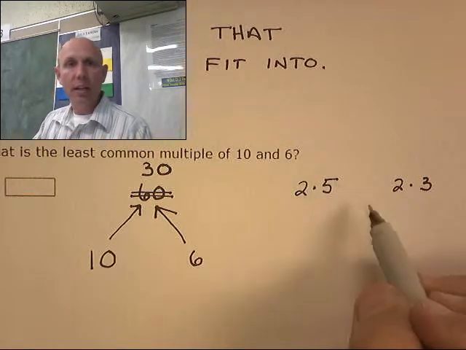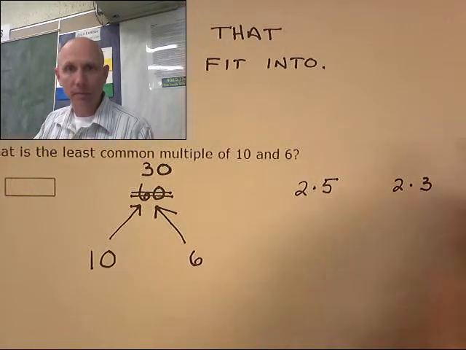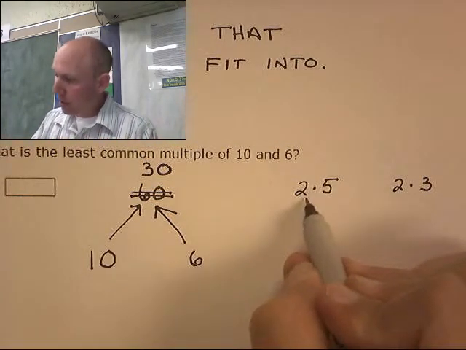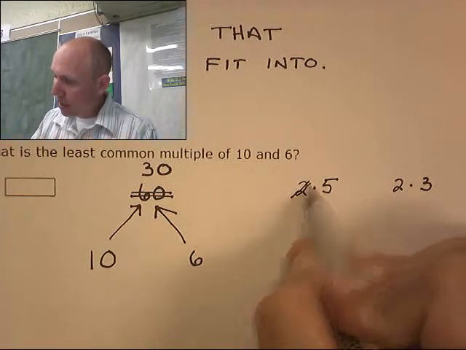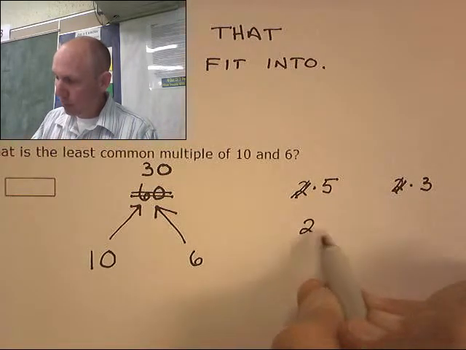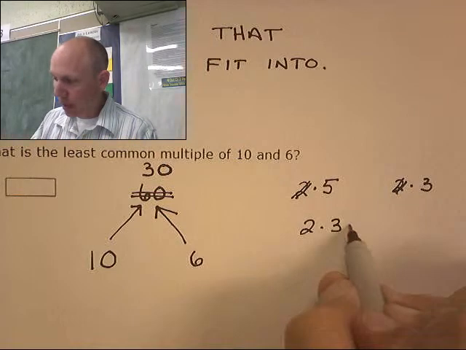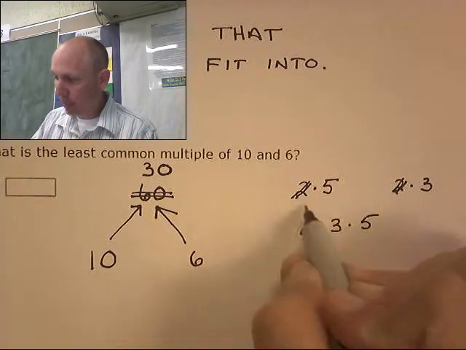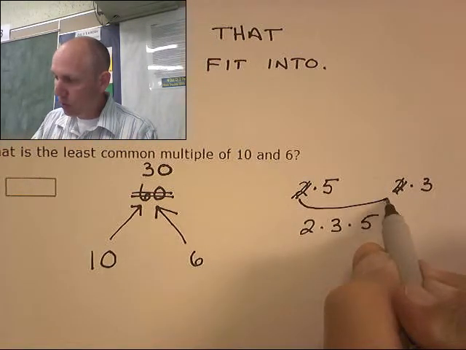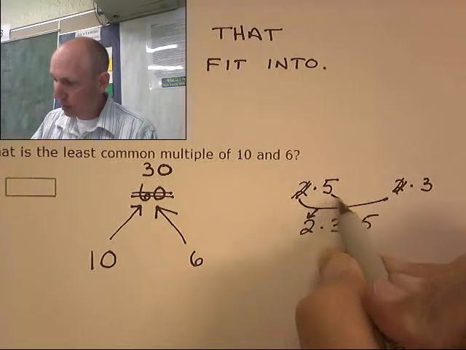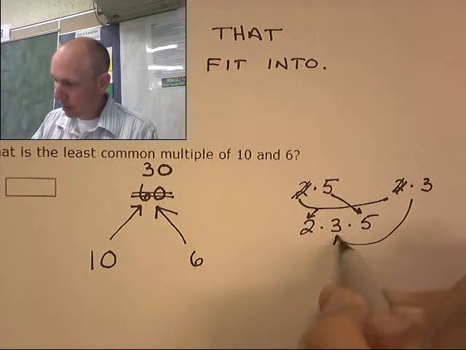But for this one, I'm going to take all the numbers and bring them down. Now, you see this number 2? It's going to come down to the final answer just one time, 2. Down comes the 3, down comes the 5.